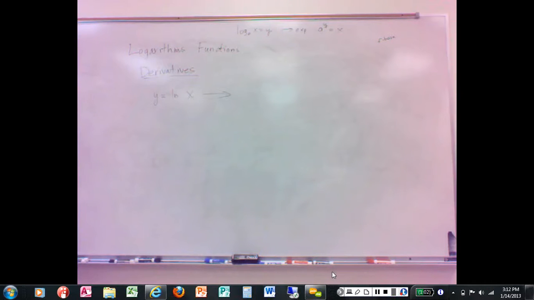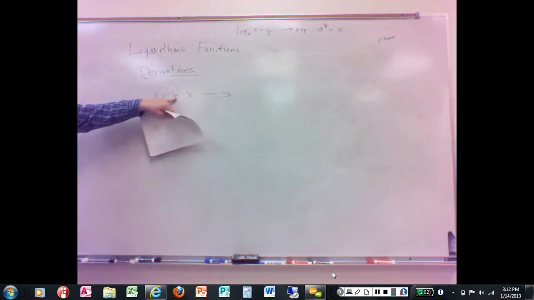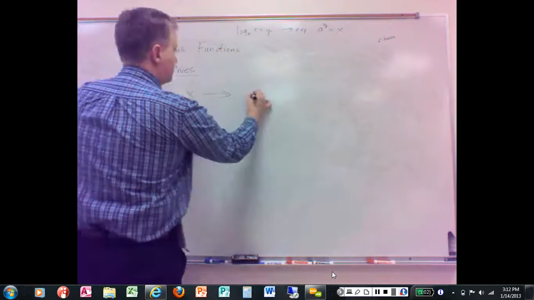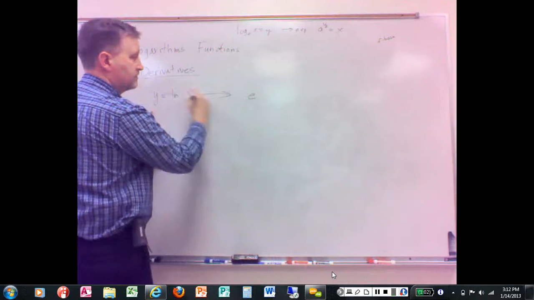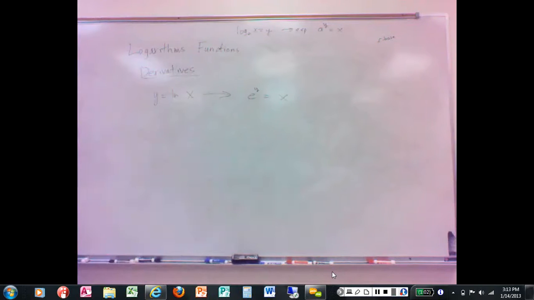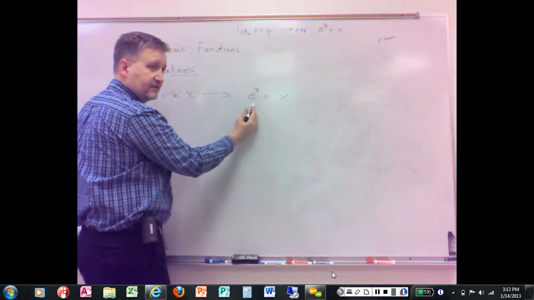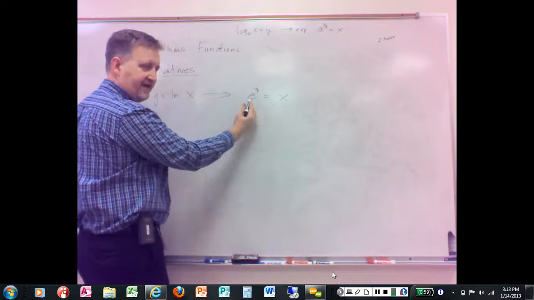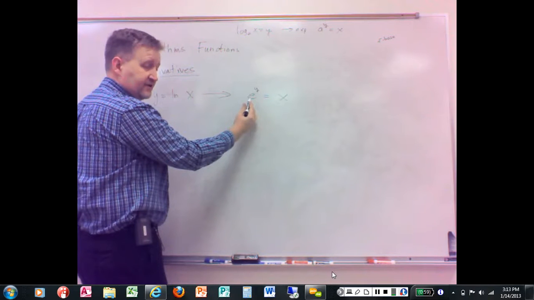What's my base? e. e to the y is equal to x. With me? That's just changing from logarithm form to exponential form. Well, if I then do the derivative of that, because I know a little something about derivatives of exponentials, because that's just an exponential now. Okay?